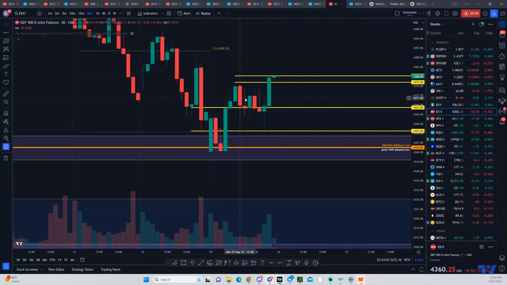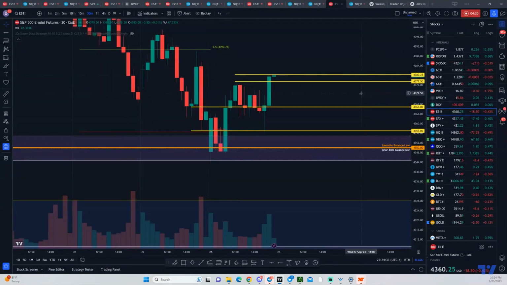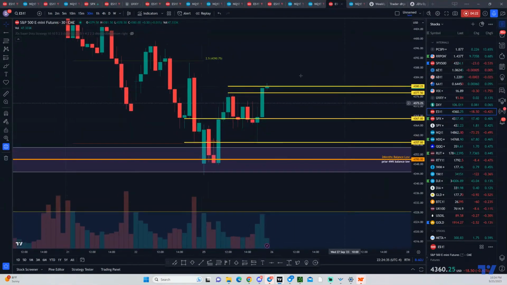So that was an area that acted as support. If you look at this candle at 3 o'clock, when the market seemed like it was going to collapse, where did it come down to? It came back down to test the spike, where buyers reacted and took the price back up into the 43.77, 43.80 level.